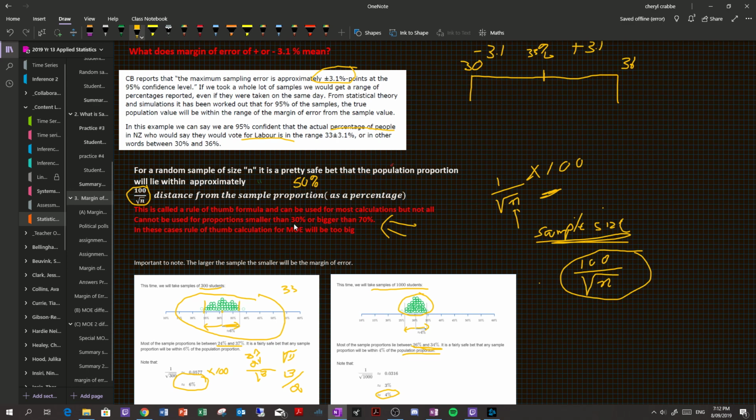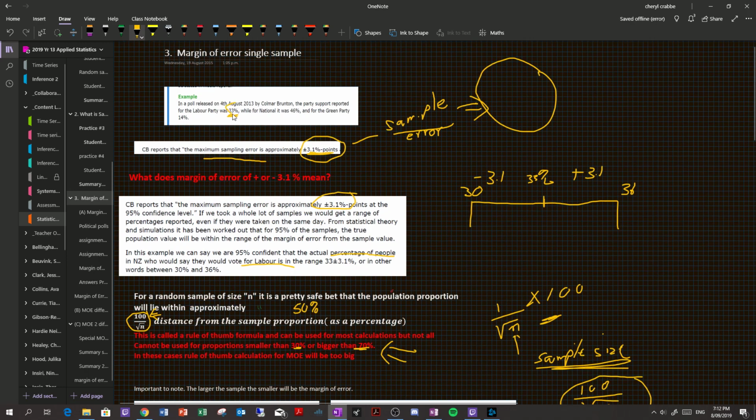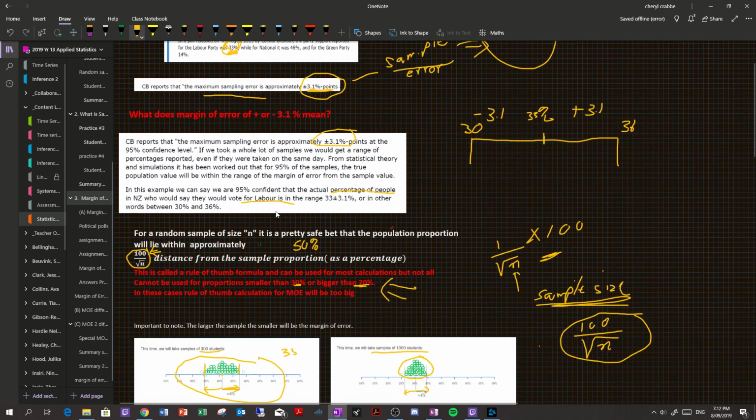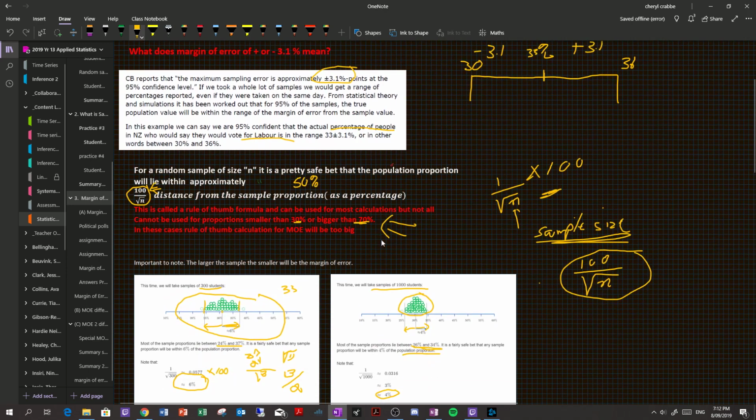If you get something that is less than 30%, the rule of thumb will calculate a margin of error that's too big. And if it's bigger than 70%, you're also going to get a margin of error that is too big. So we have to be mindful that we're only going to use this rule of thumb formula when the percentages, like the percentage of people that vote for Labor, fall between 30 and 70%.